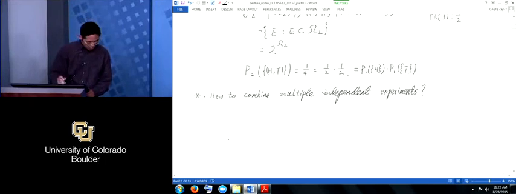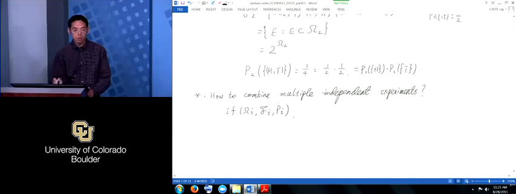So when you talk about experiments, these three elements are enough to represent that experiment. Essentially, you know the outcomes, you know the probability of all the relevant events. That's all you need to represent that experiment.